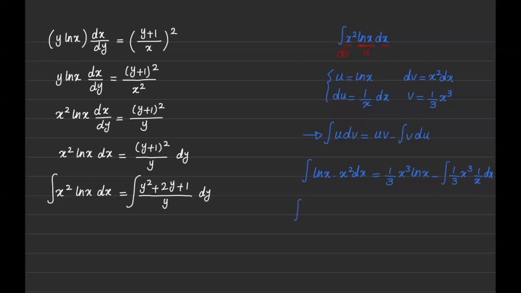So we can rewrite this as this equation: the integral of x squared ln of x dx is equal to 1/3 of x cubed ln of x minus 1/9 of x cubed plus the constant of integration.